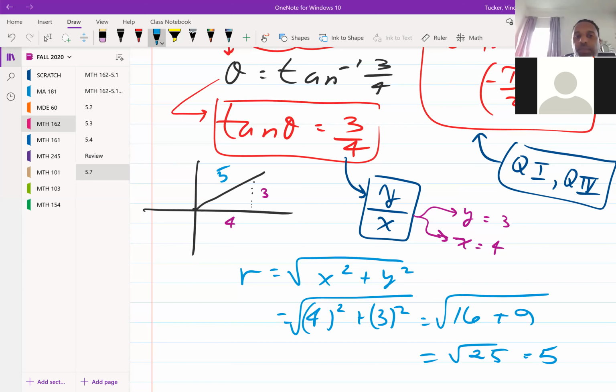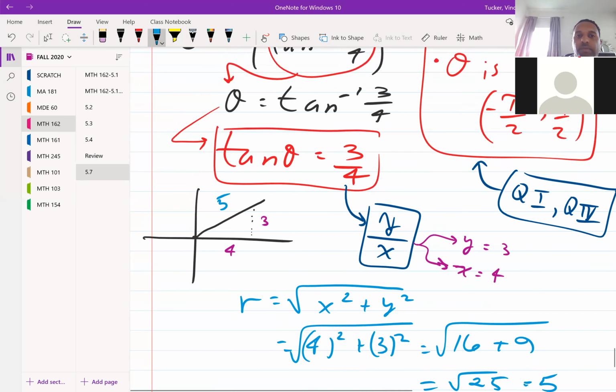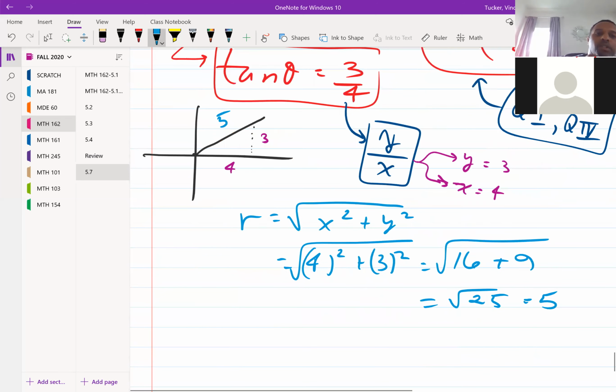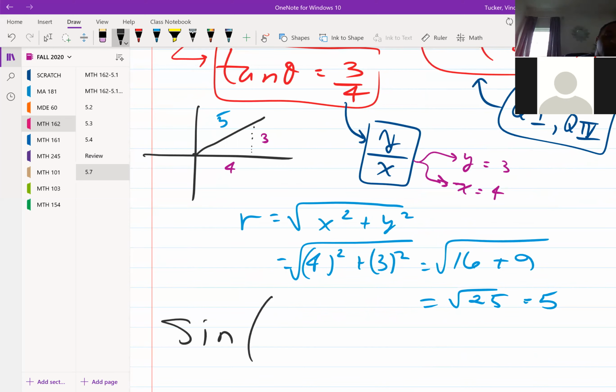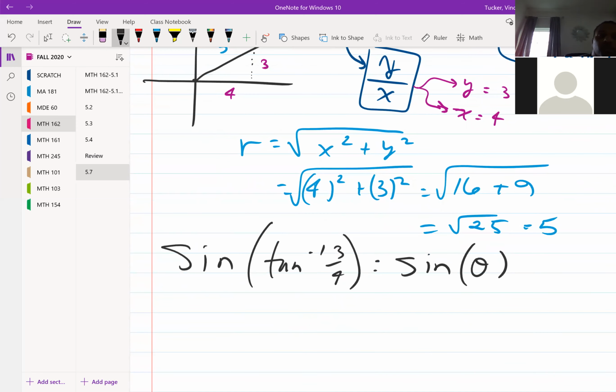Once you have your missing piece, now you can go ahead and solve the problem. Now all we're looking for is sine of theta. Sine is y over r, or opposite over adjacent.